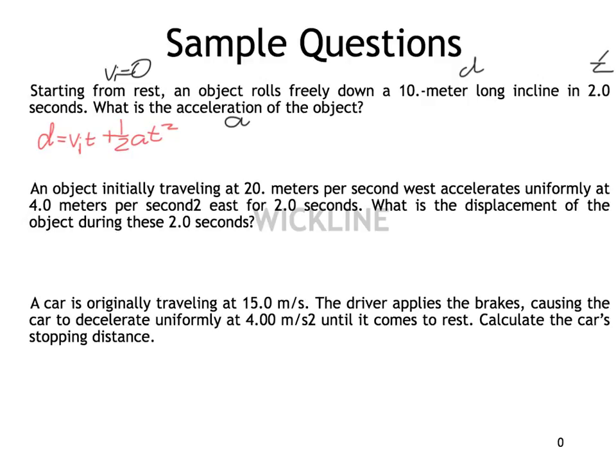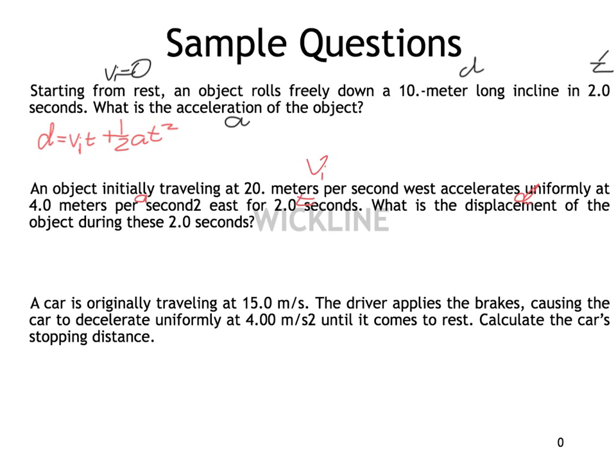So as I said, I want to go through and choose the right equations first. So let's go to the next question. An object initially traveling at 20 meters per second, that's a VI, accelerates uniformly at 4 meters per second squared, so that's an acceleration, East for 2 seconds, that's a time. What is the displacement?